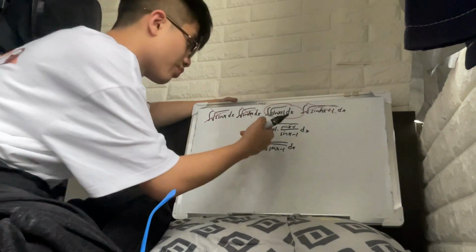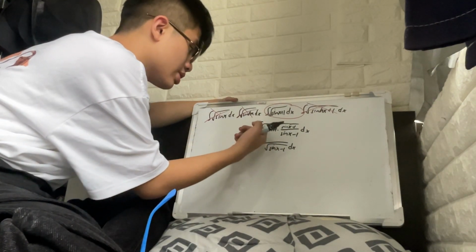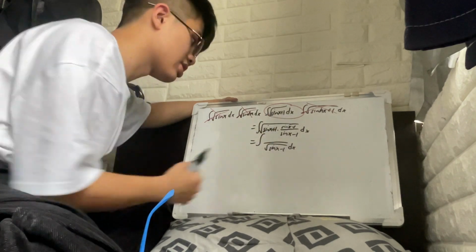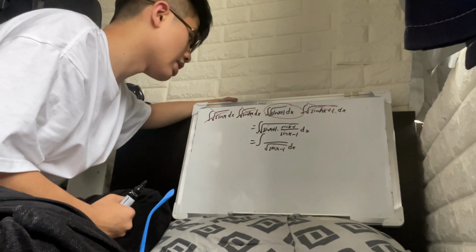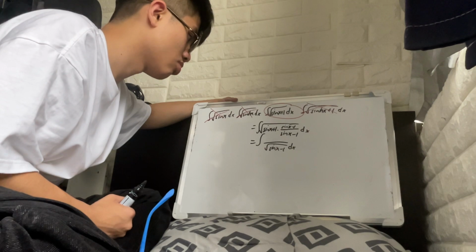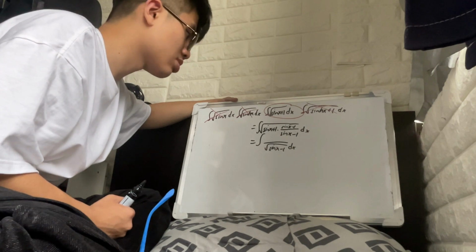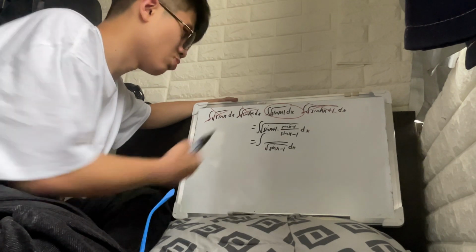And then here is the deal. Sec x plus 1 times sec x minus 1, you just get sec square x minus 1.